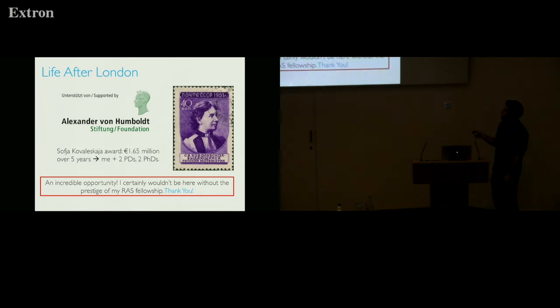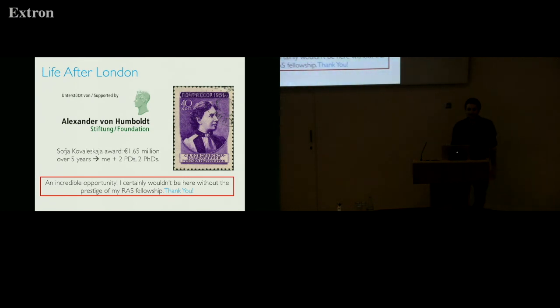And the award is named in her honor. It's kind of like an ERC starting grant without all the administrative strings attached to it. So it's for 1.65 million euros over 5 years. So that's me, 2 postdocs, 2 PhD students. I think you'll agree that's a reason enough to leave London, much as I would prefer to stay.